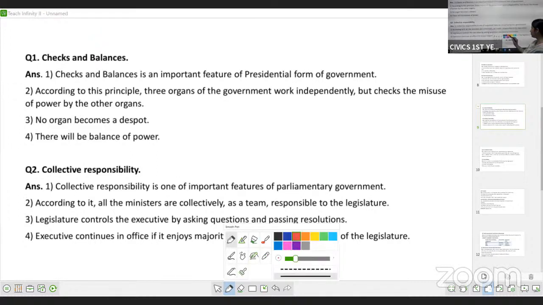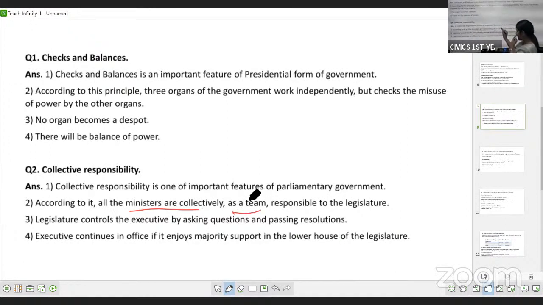According to it, all the ministers are collectively, as a team, responsible to the legislature, and the legislature controls the executive, because the executive comes from the legislature only. He is a part of the legislature, and the legislature controls him. How?